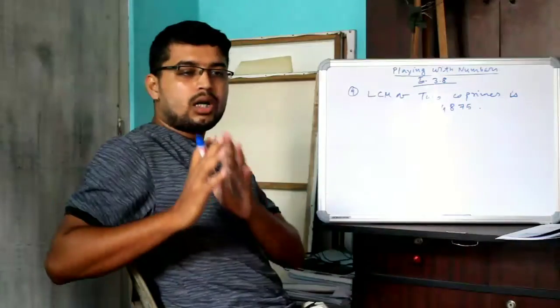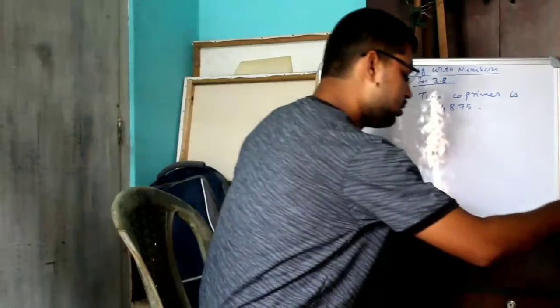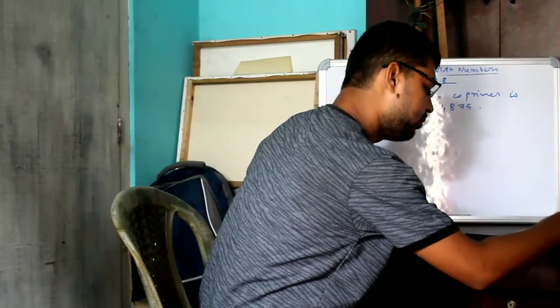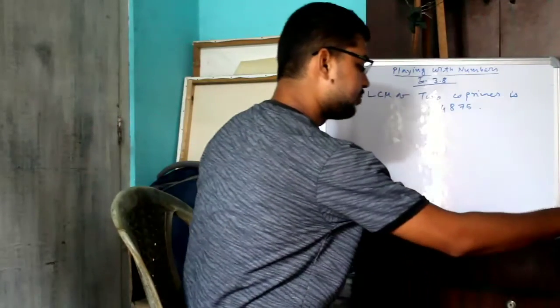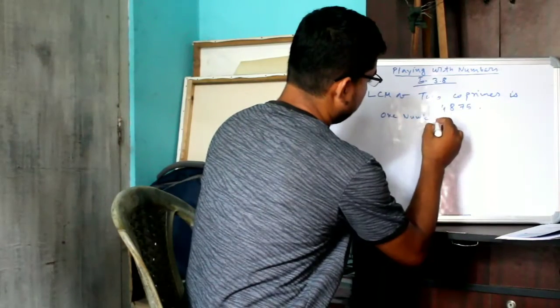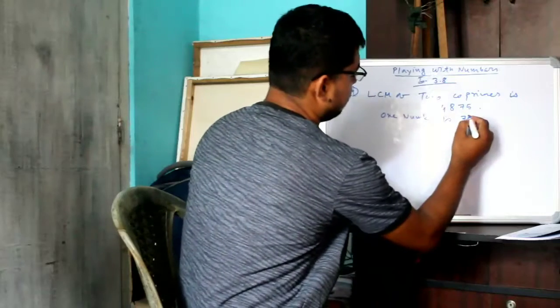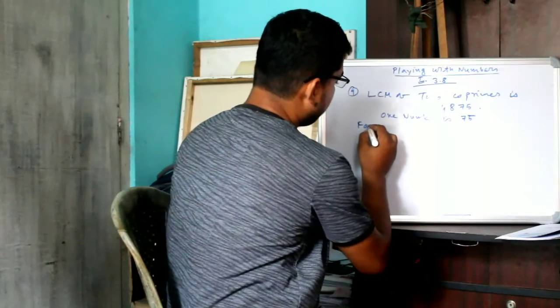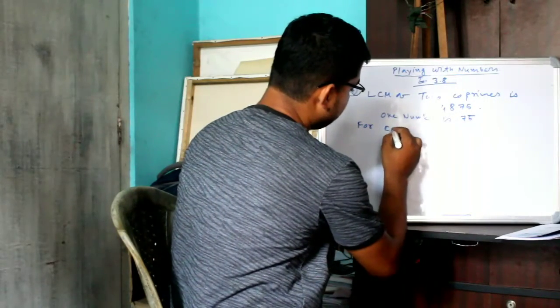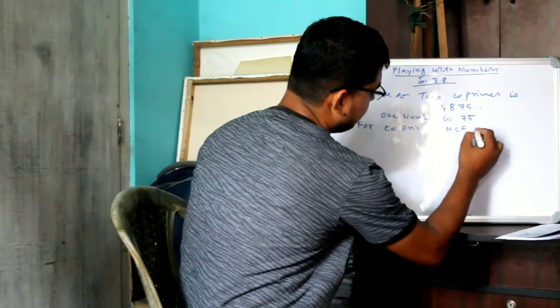Co-prime means they have only one common factor, which is 1. If one number is 75, for co-primes the HCF is equal to 1.